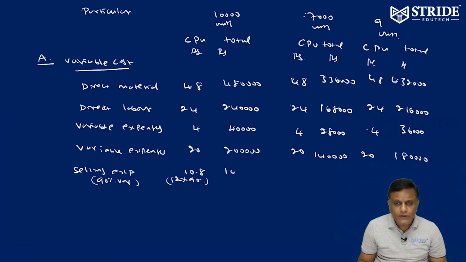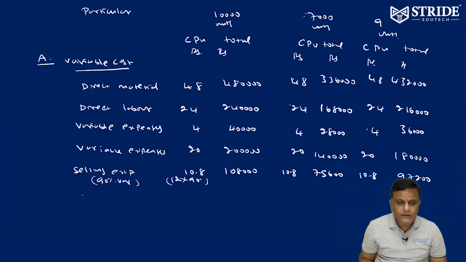So 10,000 into 10.8, 1,08,000. Here also 10.8. 7,000 into 10.8, 75,600. Here also 10.8, 9,000 into 10.8, 97,200. So 1,08,000, 75,600, 97,200 selling expenses.